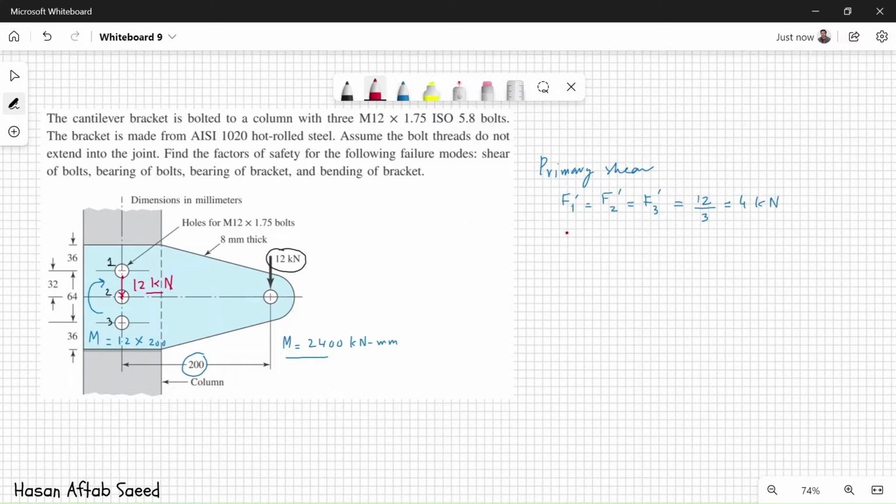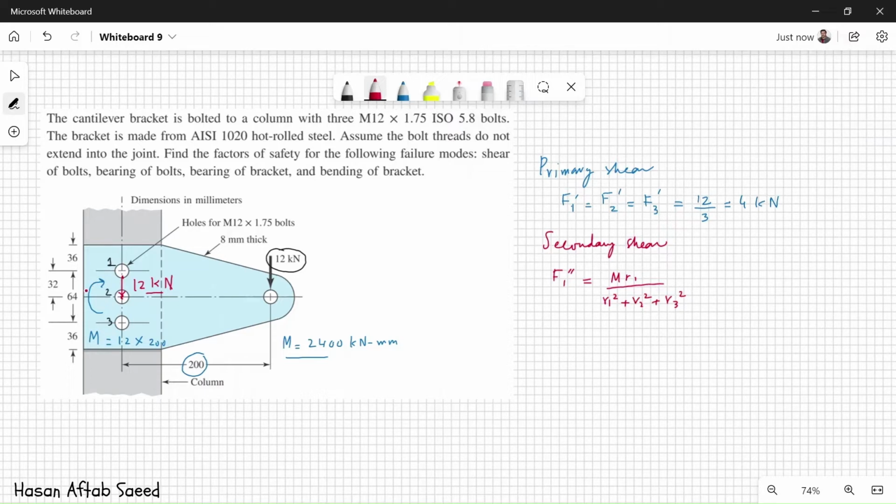As far as the secondary shear is concerned, here we have to employ the expression that we derived in the last class, and this is simply F1 double prime will be equal to M R1 over R1 square plus R2 square plus R3 square, where the distances R1, R2 and R3 are distances from the centroid of the bolt group to the center of each bolt.